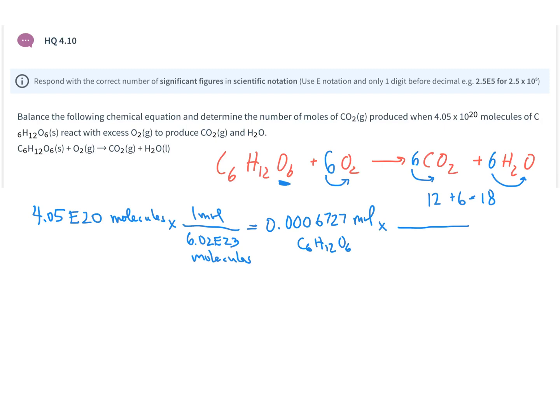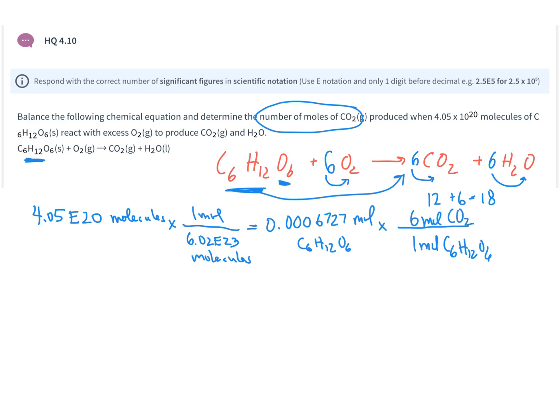And I want to find out how many moles of carbon dioxide are produced. Well, I would go to the balanced equation to see that for every 1 mole of glucose that goes in, 6 moles of carbon dioxide go out. So I've got 1 mole of glucose, and that's going to produce 6 moles.